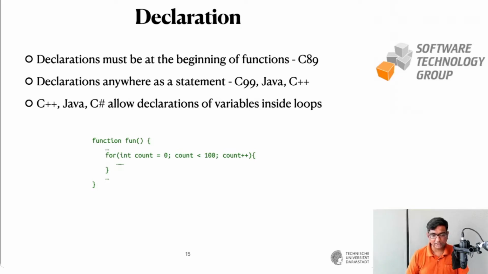In C99, Java, and C++, and the modern variants of C-like languages, declarations can be placed anywhere a statement can exist, right? And also modern languages like C++, Java, and C# allow you to declare variables inside loops. For example, in this small function, it has a for loop.